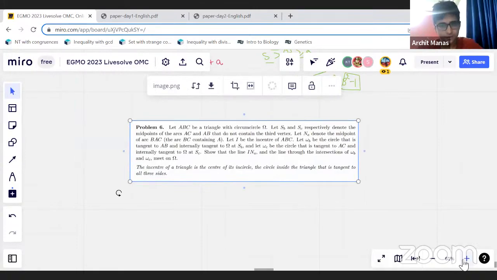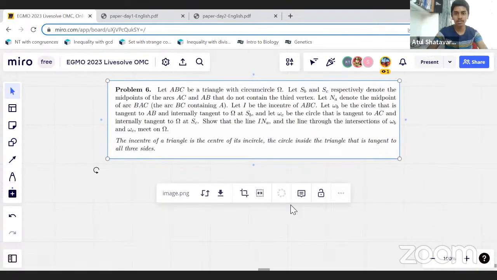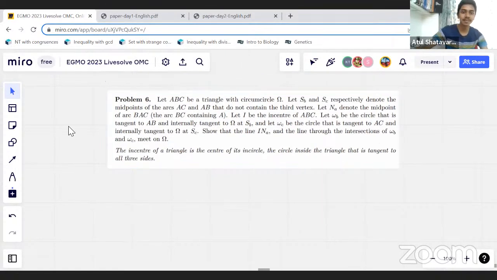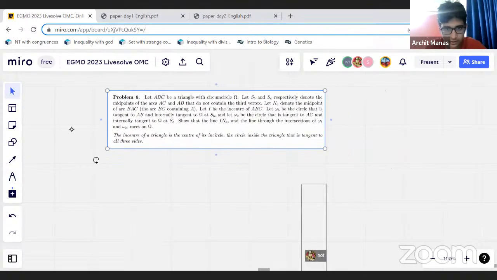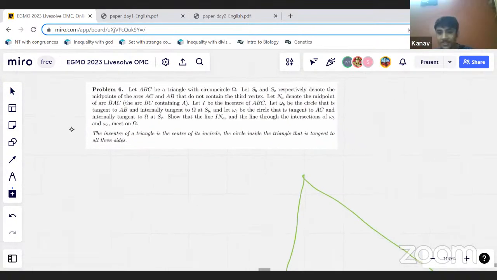Okay, let me draw the diagram. Yes, let's draw that. Oh no, this is not my kind of view. Random tangent circles. Okay, you have a triangle ABC and its circumcircle.